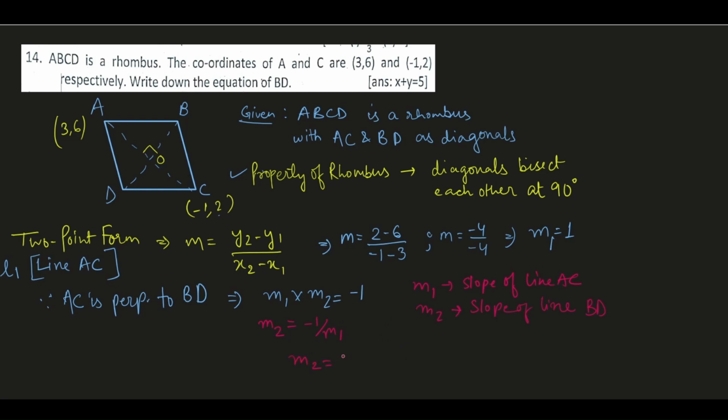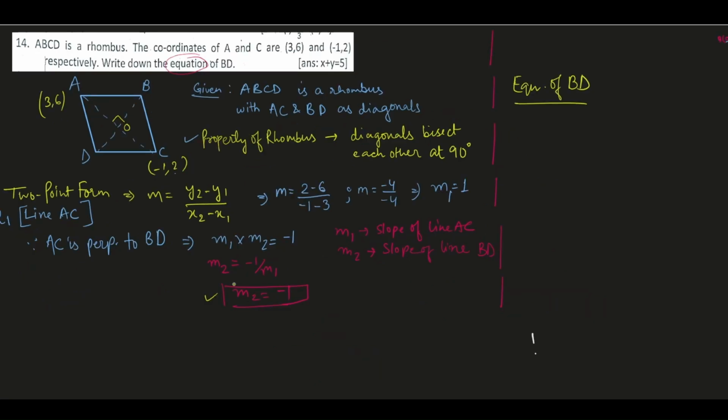So M2 will be -1 upon 1 will be -1 only. So this is M2, which means we calculated the slope of BD. Now, what is the reason behind calculating the slope of BD? Because they have asked us to find the equation of BD. We have one point with that is O.